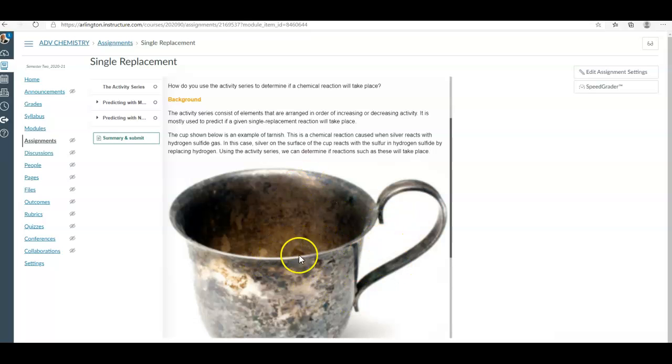That's why this cup is looking so ugly, because on the surface of this cup, all those black and brown stuff, they're all silver sulfide due to the single replacement reaction that is taking place. Now, things like this, you're able to use the activity series to determine if a reaction like this will occur.